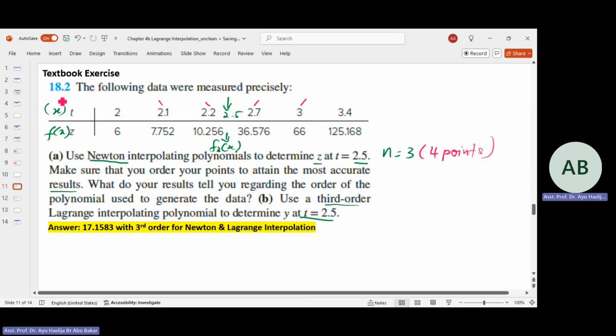So 2.1 is your x0, 2.2 is x1, 2.7 is x2, and this is x3. Try to do. A Newton, B Lagrange. In the final exam, if you mix up, you cannot get any marks.